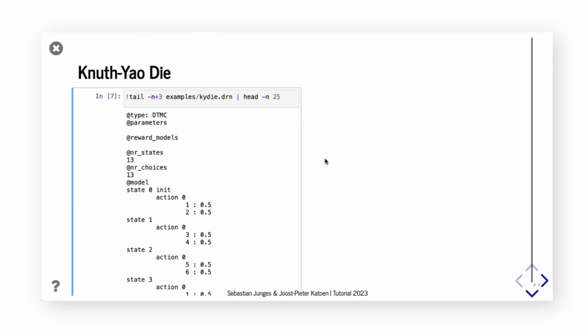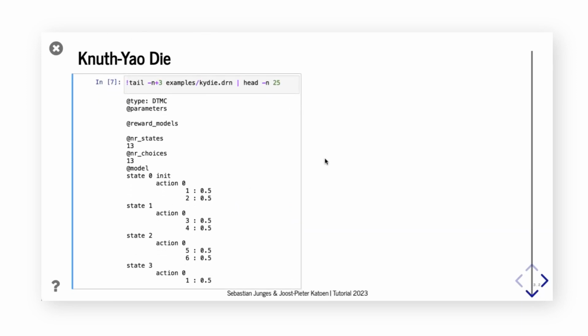Well, the easiest way to do so is we first need to get the model into Storm. This is a very elaborate format that is not very compact, but it's very easy to understand. These are these direct encodings. So there's a little bit of information on the top that we ask you to provide, and it's not important right now.